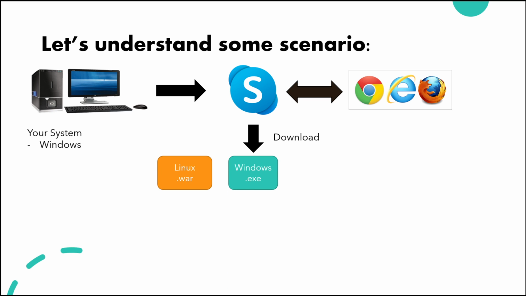You will have three types of extensions. If you are using Windows, you definitely have to choose the .exe extension only. You can't choose .var or .dmg. This type of installation only works on Windows. The .var extension works on Linux. If you want to install a .var extension on Windows, it can't support it, and it will show some error.